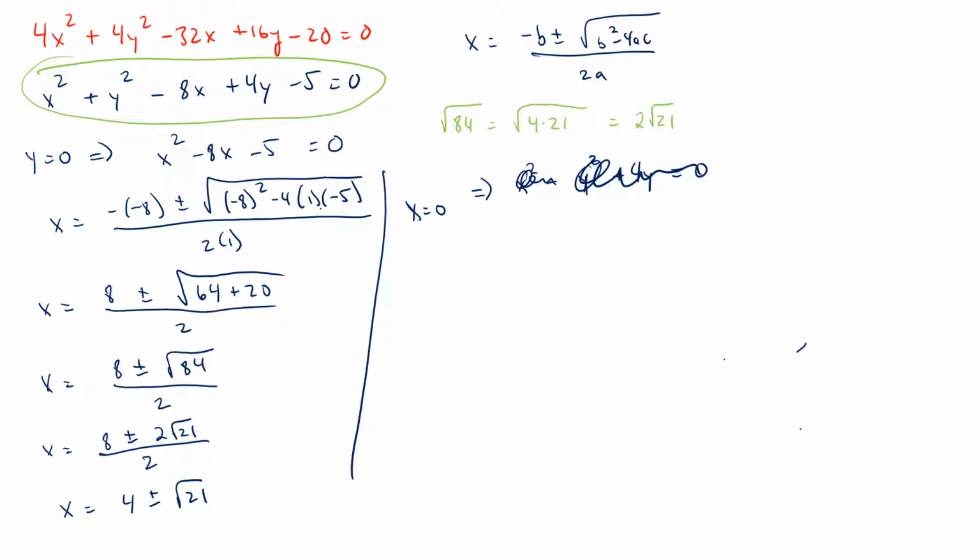Right, so putting 0 in for x to get the y-intercepts, we have y squared plus 4y minus 5 equals 0. This looks like it does factor. This factors to y plus 5 times y minus 1, and so we have negative 5 and 1. So no quadratic formula was needed on that one.